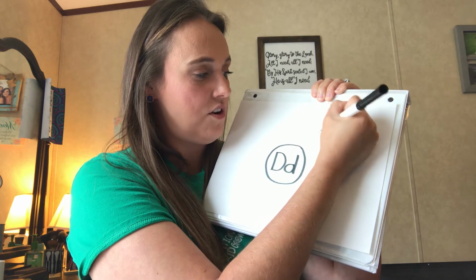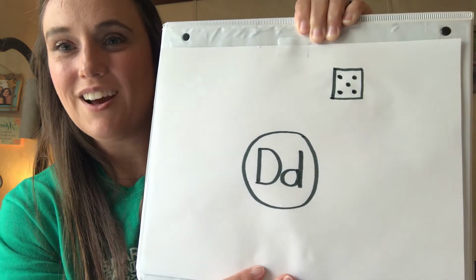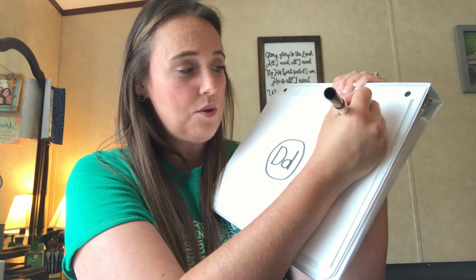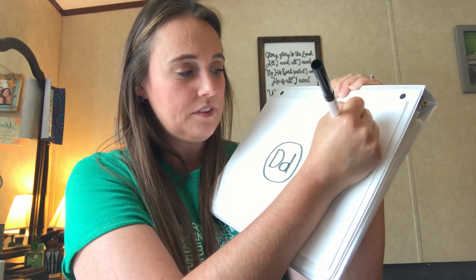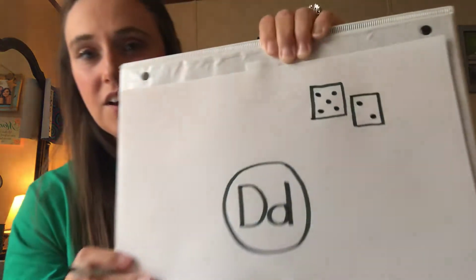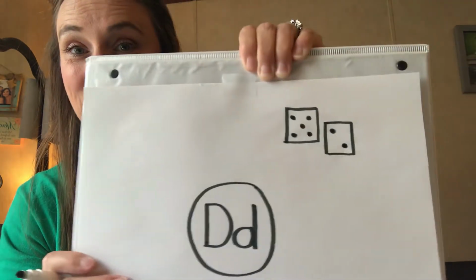What does that one represent? What number? A 5. Good job, kindergarten friends. I'm going to draw one next to it that represents a different number. What does that one represent? Number 2. Good job.